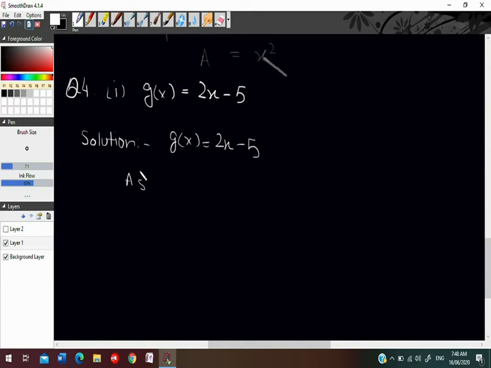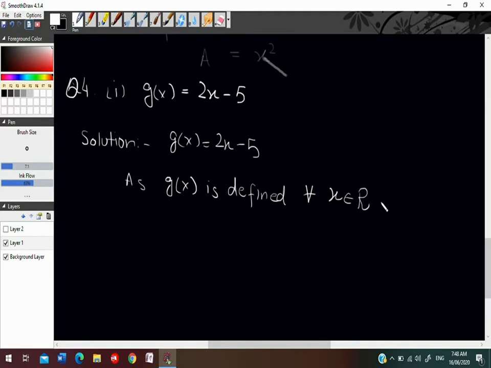So this polynomial function g of x is defined for all x belongs to real numbers.